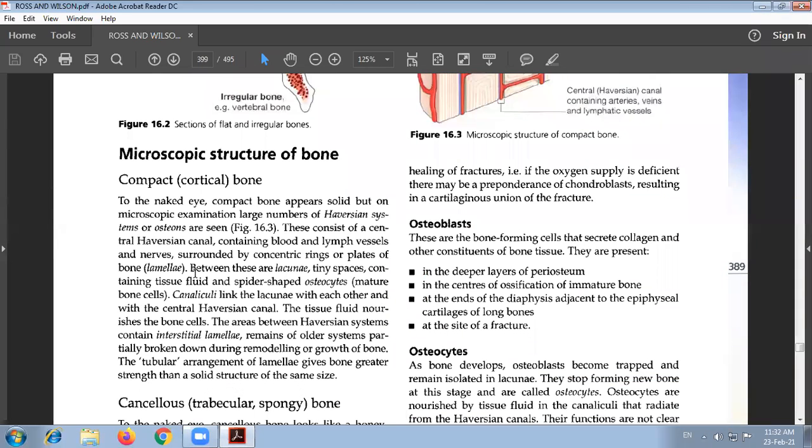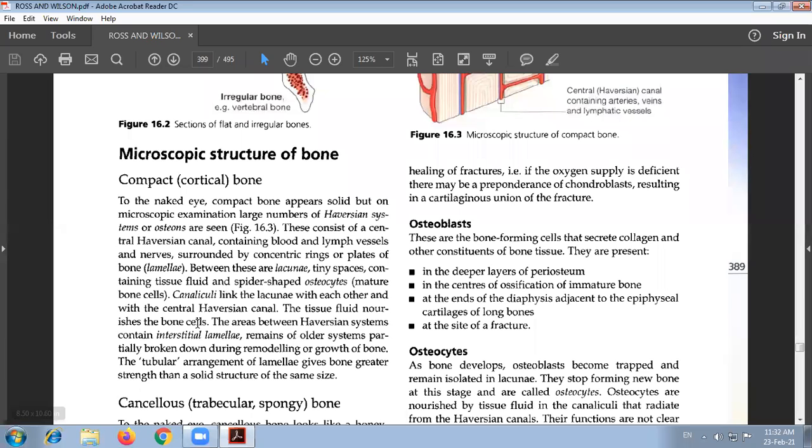Between these are the lacunae, the tiny spaces containing tissue fluid and bone cells, the osteocytes, which basically form the bone.